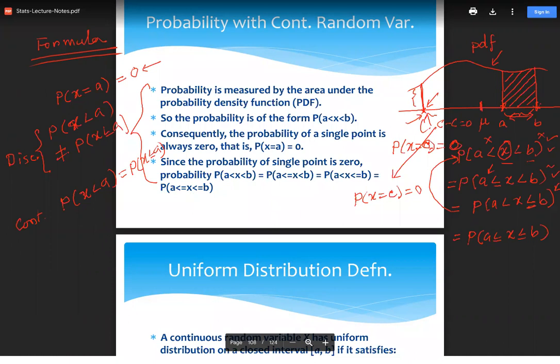Different people use different names, so don't get confused by it. Probability is defined as the area under the density function or density curve. Next, probability of a single point is always 0.